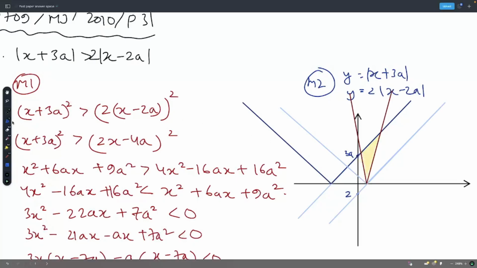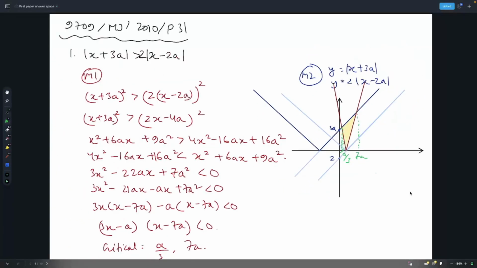And obviously if you solve these two together using the equation, we will get two values. One of them turns out to be a by 3, and the other one turns out to be 7a. So it actually still works.